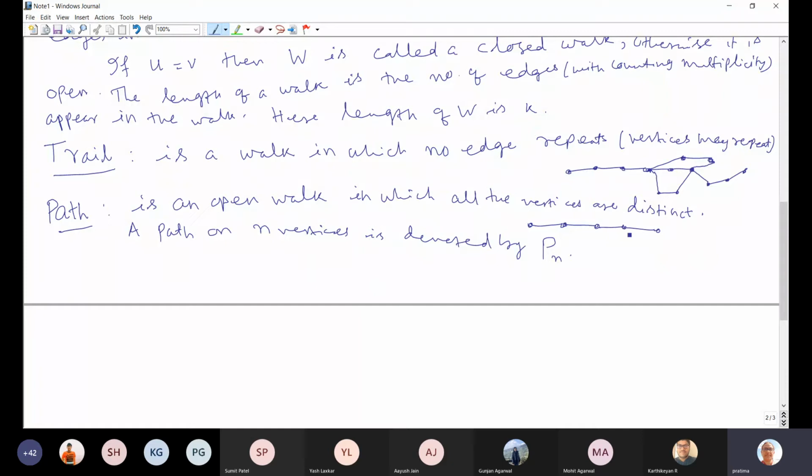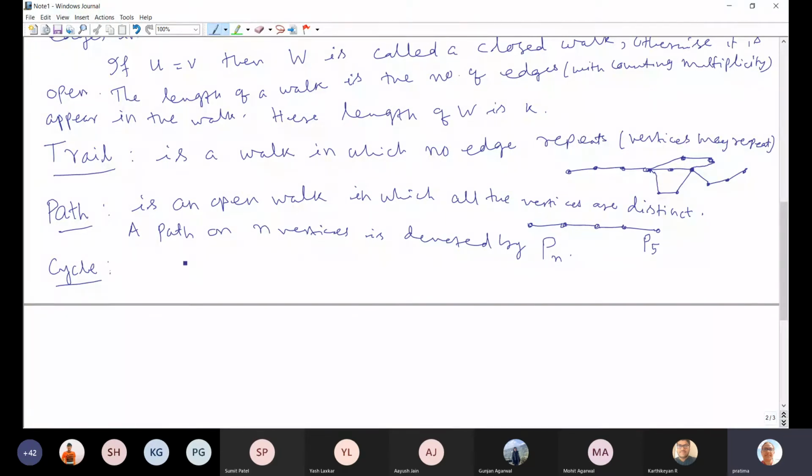So here in this example, this is P5, 5 vertices. Then we define a cycle. Some people also say circuit, but we shall use cycle. Cycle in a graph.